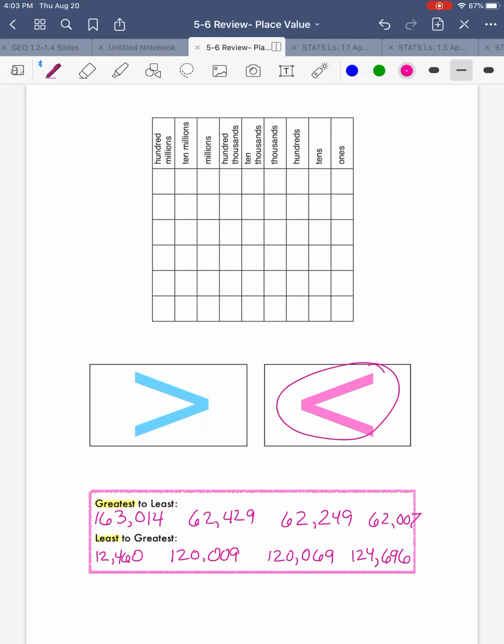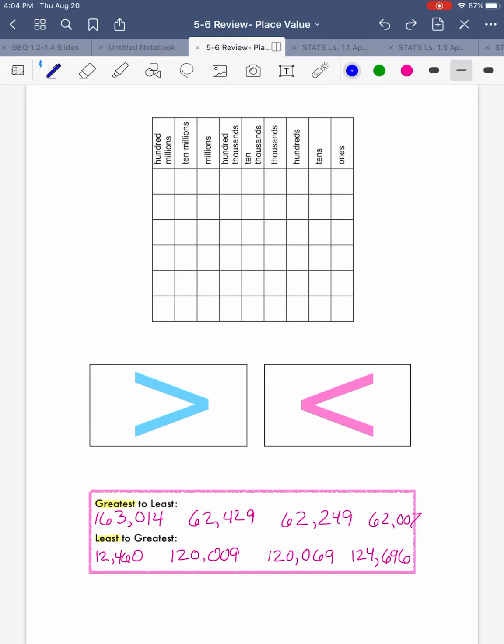This one right here has the mouth of the alligator open to the right side, but if I'm going to read it from left to right, I want you to recognize that that symbol, if I extend it a little bit, looks a little bit like an L, okay? So that is the less than symbol.